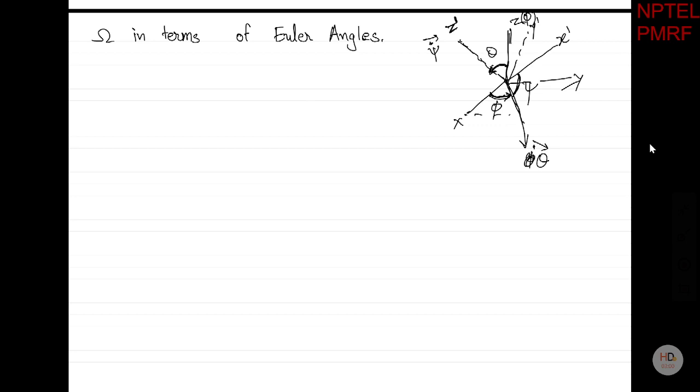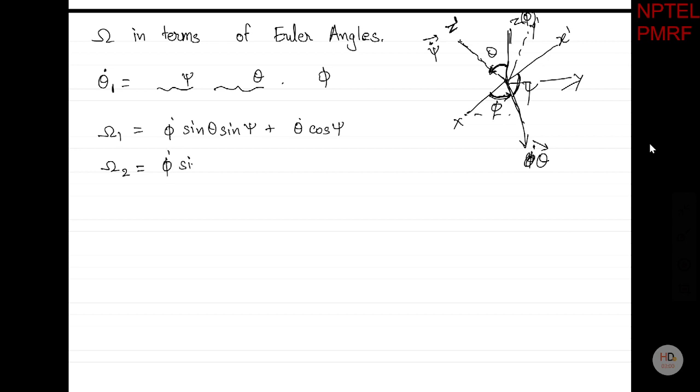After that we can write omega 1 in terms of psi, theta and phi, and finally we got omega 1 as phi dot sin theta sin psi plus theta dot cos psi, omega 2 is phi dot sin theta cos psi minus theta dot sin psi, and omega 3 is phi dot cos theta plus psi dot.